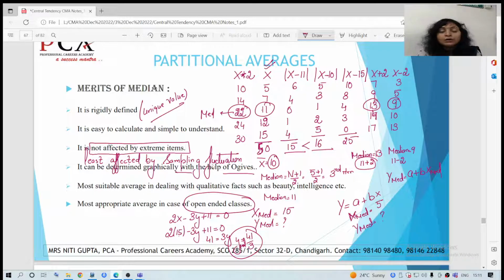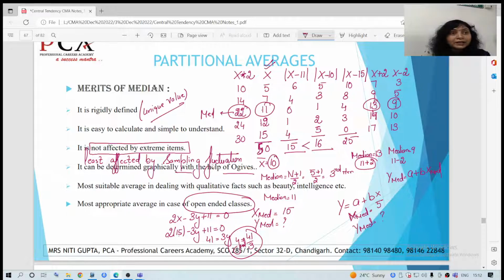We have to make it closed. But because median lies in between the series, if the lower limit of the first class or the upper limit of the last class is missing, it won't affect, because we have to find the class interval of the middle one, and that is already given. So we can easily compute median in case of open-end series.